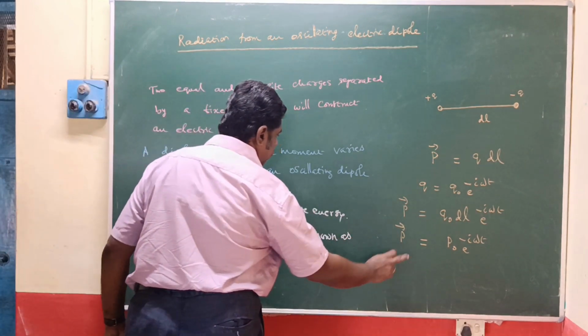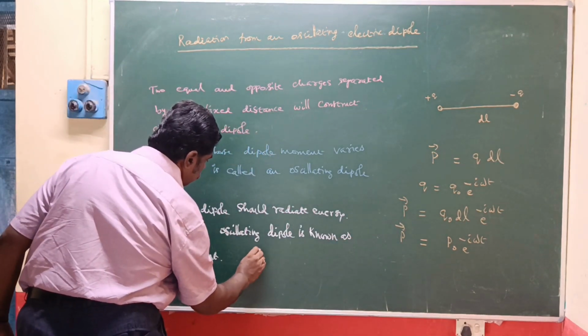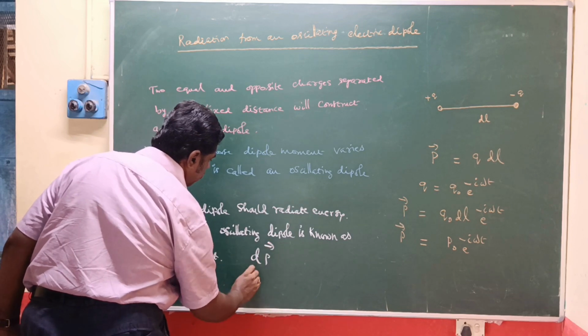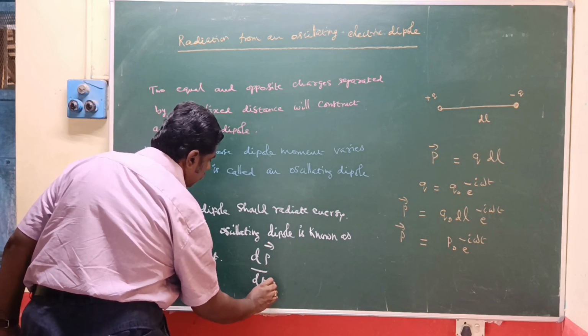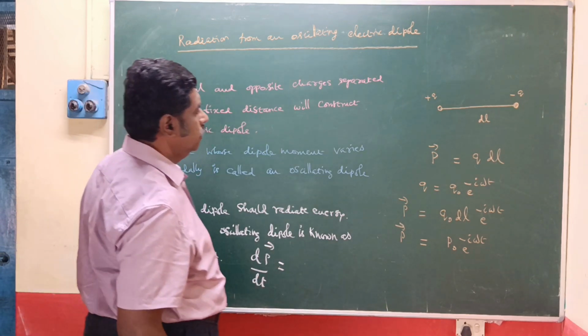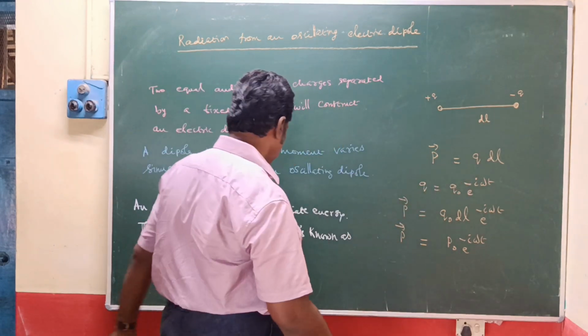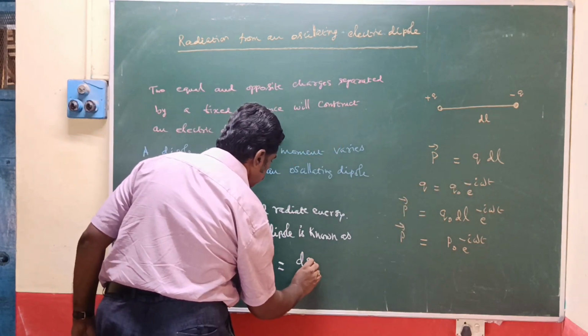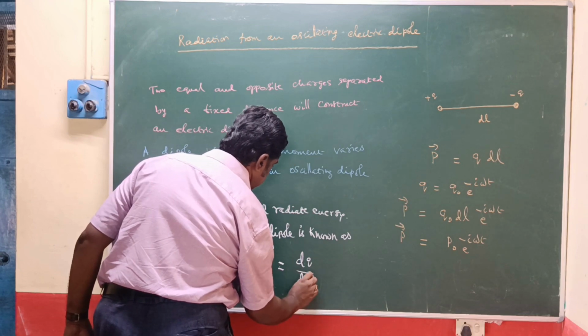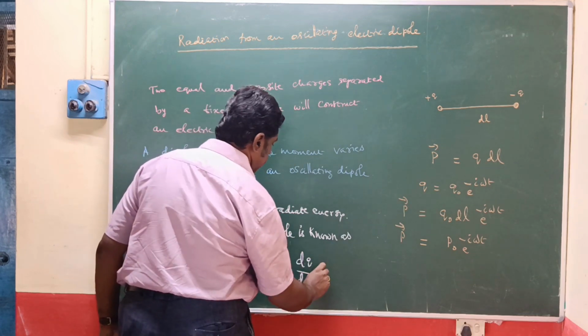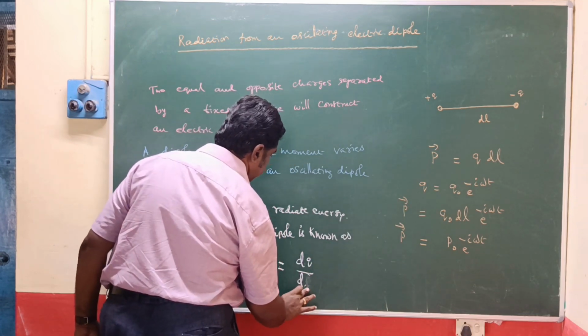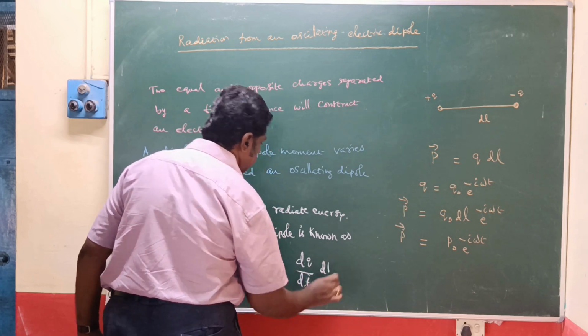Take the differentiation of this dipole moment with respect to time, dp/dt, which is equal to dq/dt times dl.